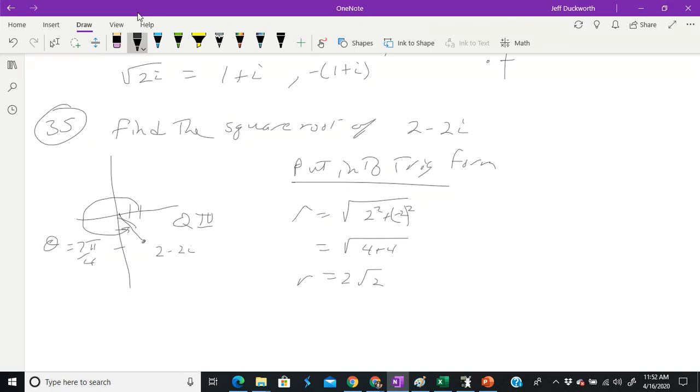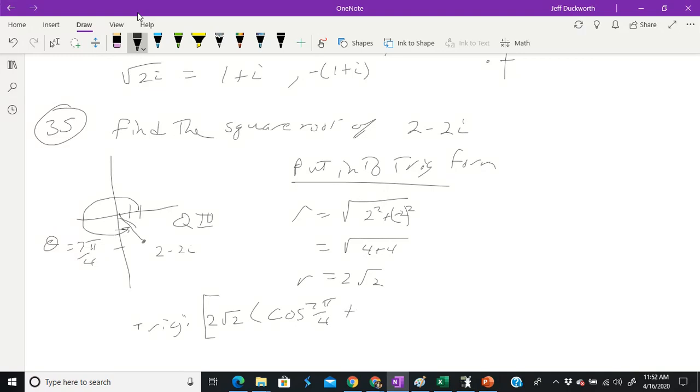So we've got R, we've got our angle, which is 7 pi by 4. So in trig form, we have 2 root 2, or you can just do root 8, doesn't matter. We have cosine first, 7 pi by 4.